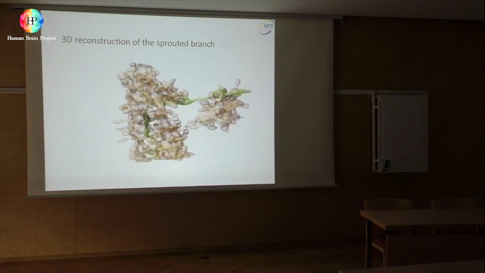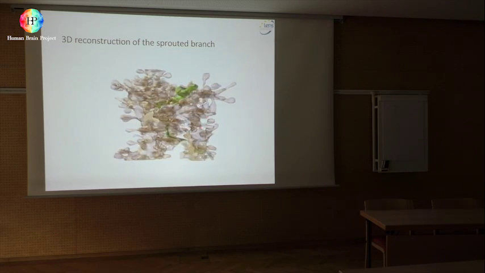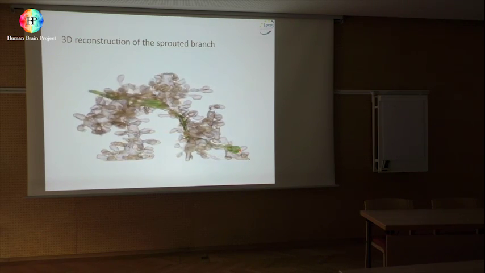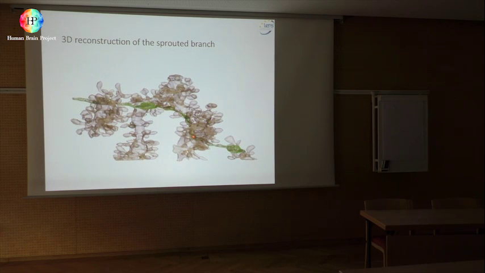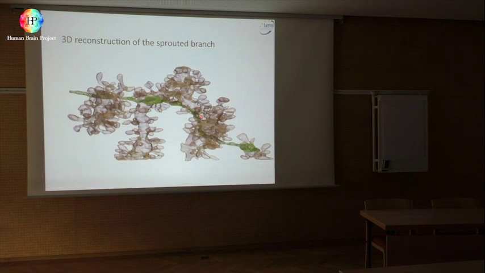And you see how wonderful the nervous system is. The sprouted branch, which is this one, is exactly adapting to the dendritic arbor of the Purkinje cell. So it's not only a new cable, it's a new intelligent cable which is adapting perfectly to the dendritic arbor to establish new connections.